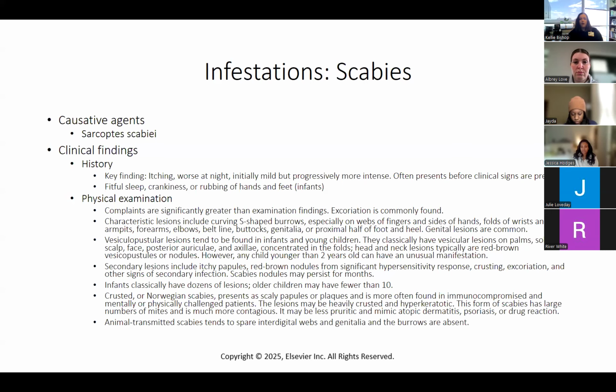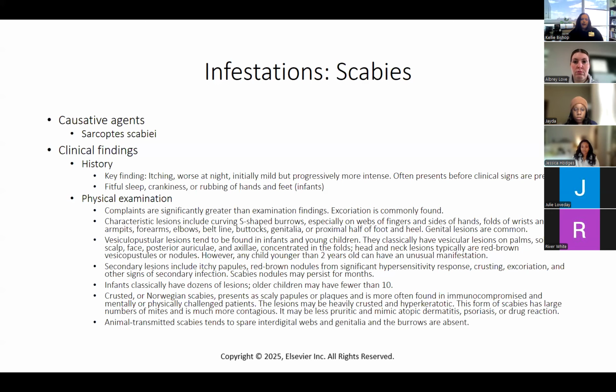They don't sleep well. Infants especially may be rubbing their hands and feet a lot. It's very uncomfortable. They commonly have excoriation from scratching. The rash itself usually doesn't look that bad, but the symptoms are much greater than what it looks like.